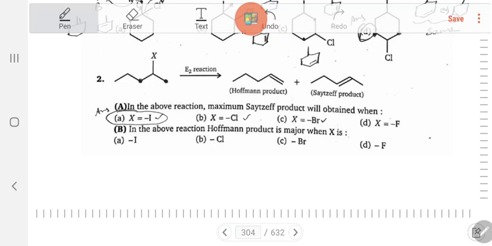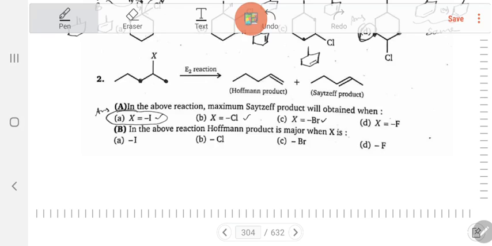Now in which case is the Hofmann product major? Already we have seen 4 conditions to get the Hofmann product. Condition 1, poor leaving group. Condition 2, at the gamma position for a secondary alkyl halide, it should be a quaternary carbon. Condition 3, there must be a quaternary ammonium, that means a bulky substituent or bulky leaving group.